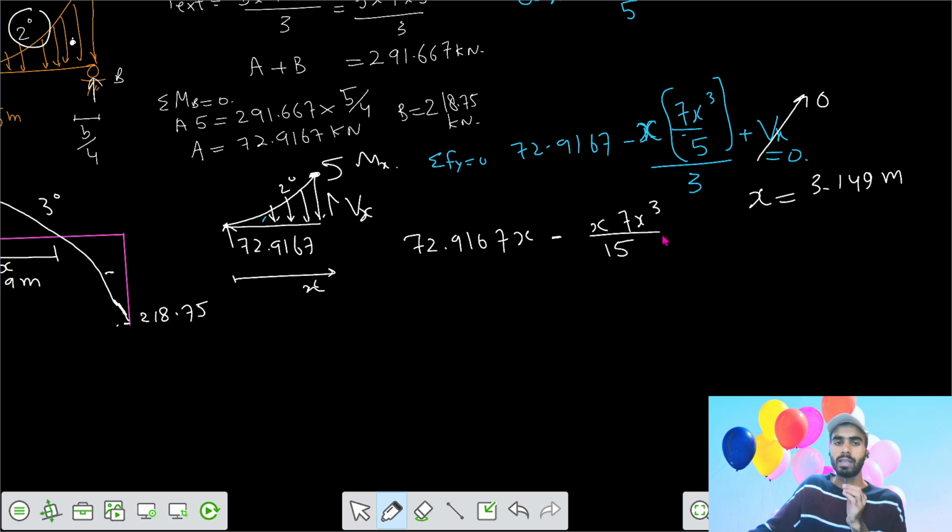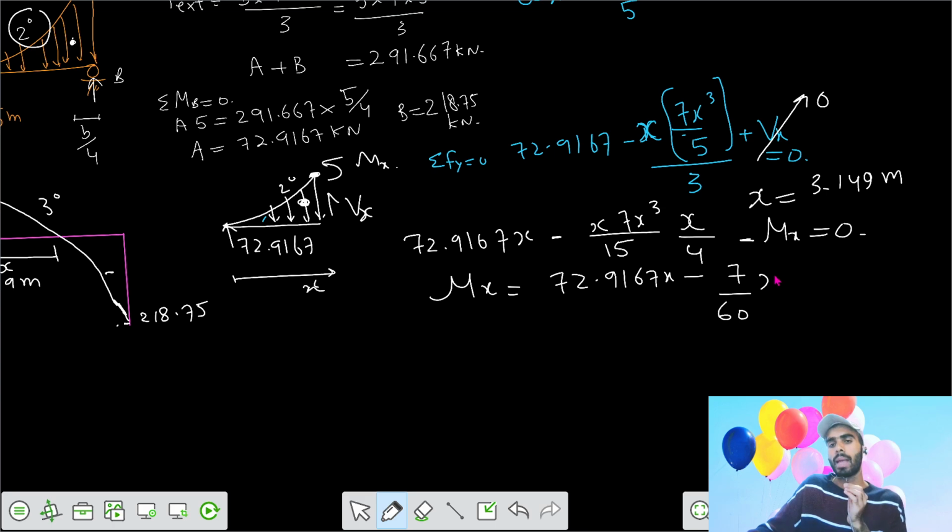Then it acts at the centroid, at x by 4. Then we have negative anticlockwise, Mx equals 0. So Mx becomes 72.9167x minus 7 by 60 x to the power 5.